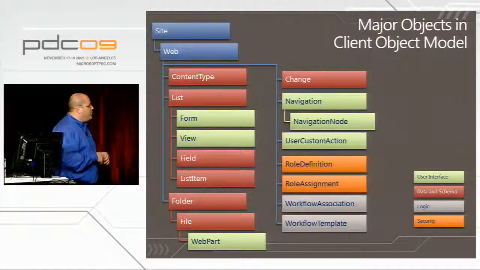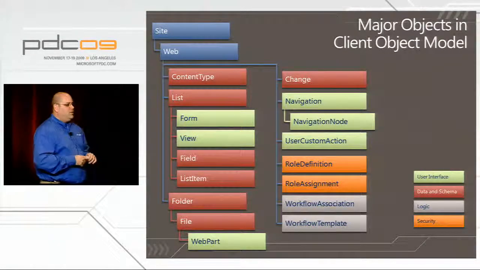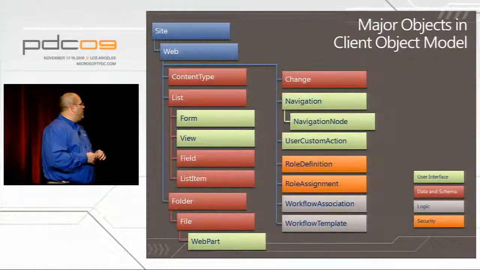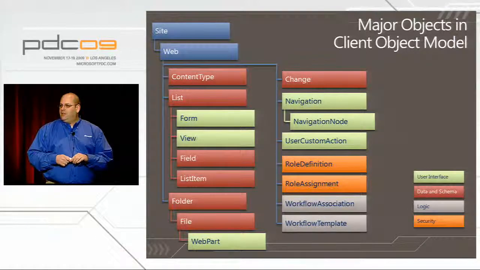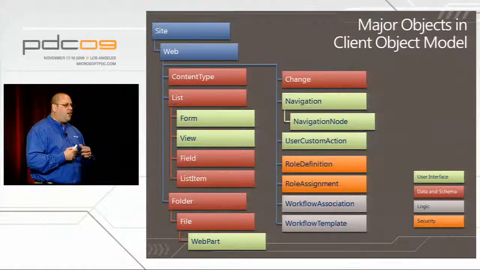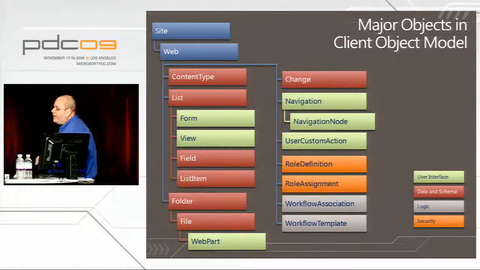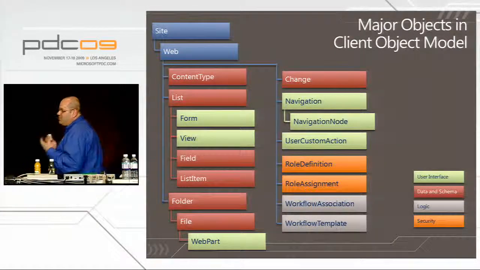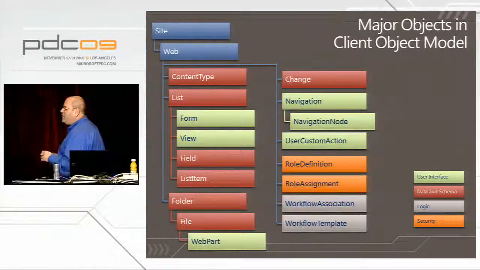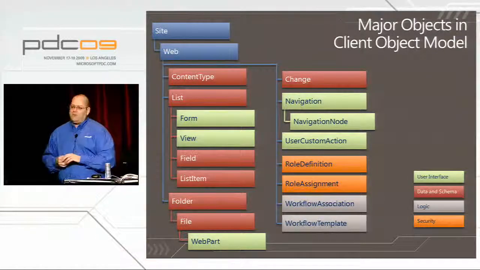So here's what you can do with the client object model. Pretty much everything under your site collection is accessible. Operational things, or things that you would do with STS admin, are not there. But for business applications, this really covers 90% of what you'd want to do anyway, and that's really what we're focused on.